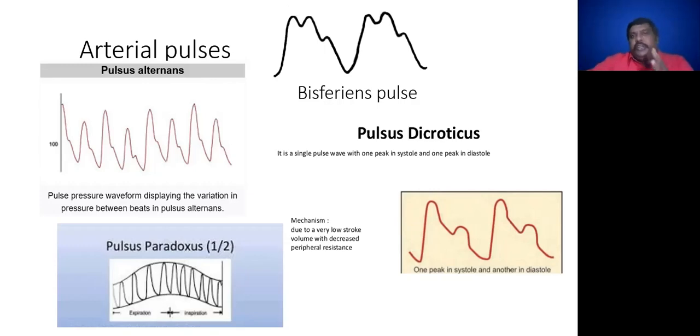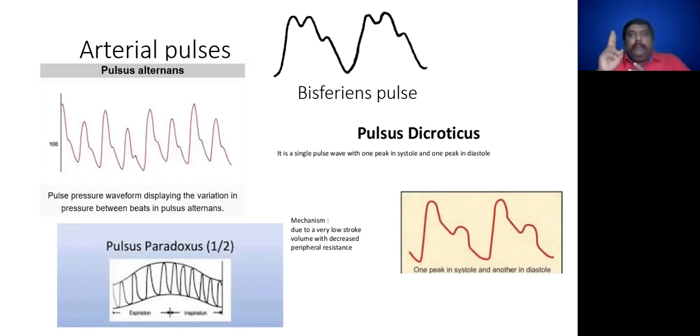In the picture you can see how it goes. It goes up in systole, and then in the diastolic phase it gives out the next peak. You get two peaks in the dicrotic pulse.